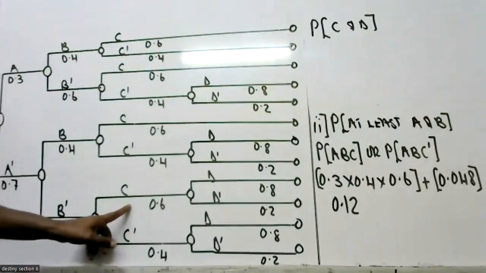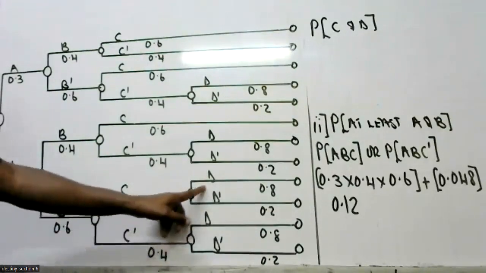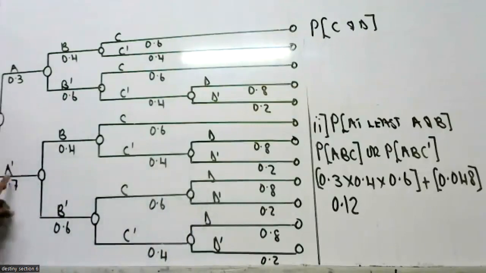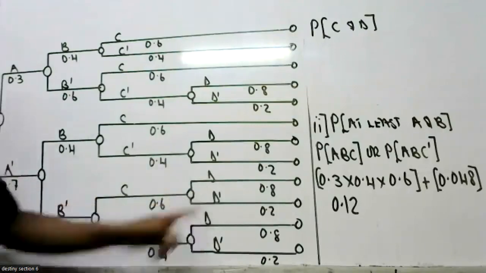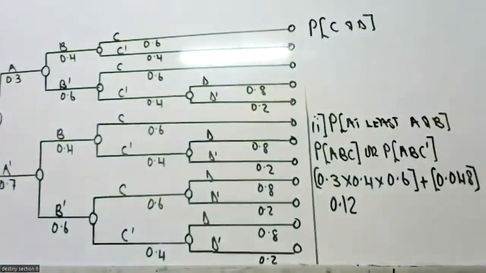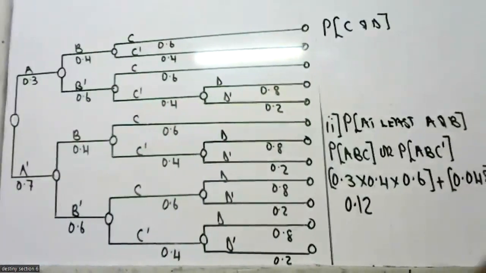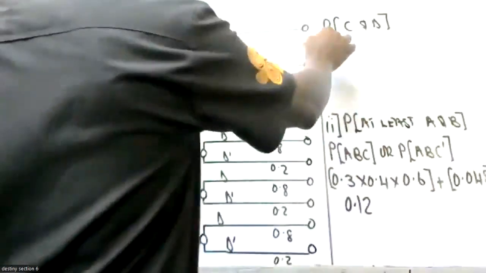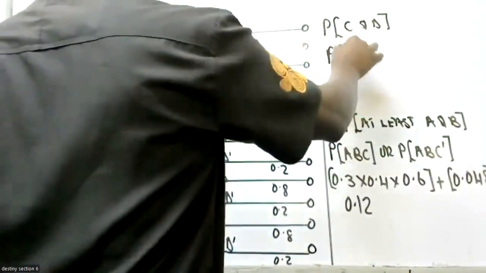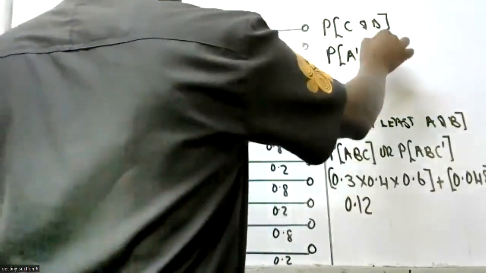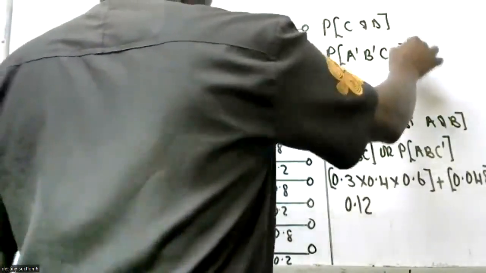This one. C and D. So it is we miss A, we miss B, we get C, we get D. So that one is the probability that we missed A, we missed B, we got C, and we got D.